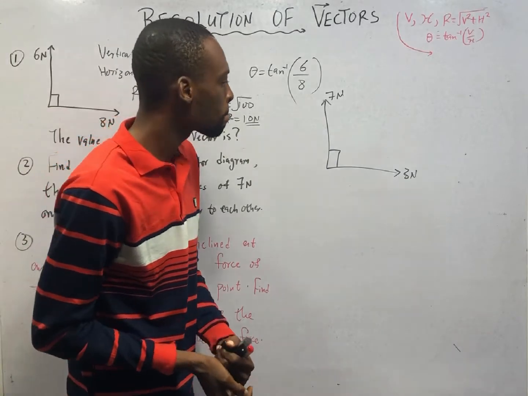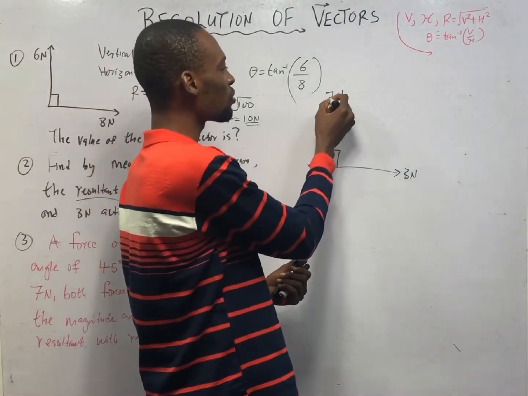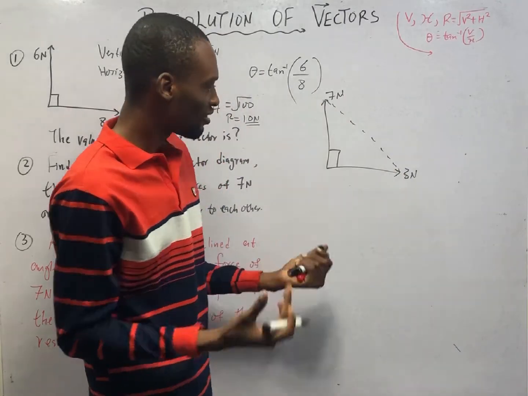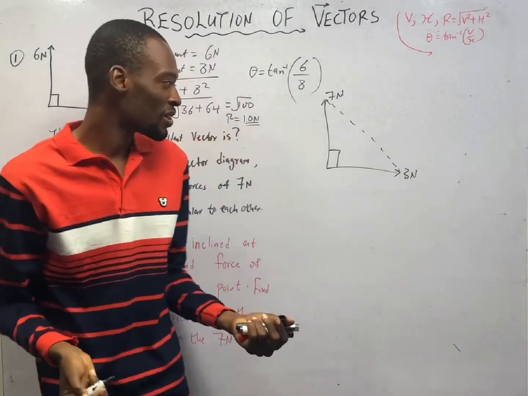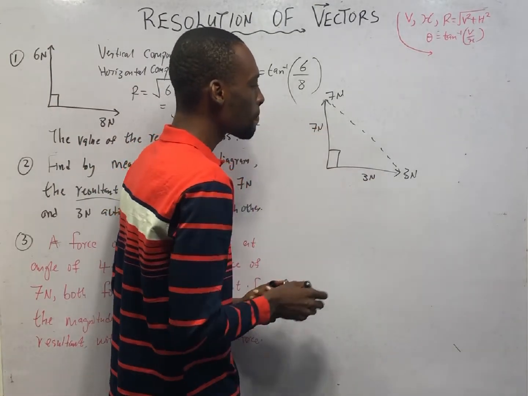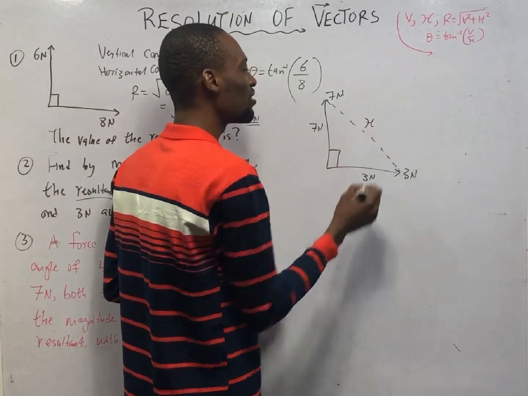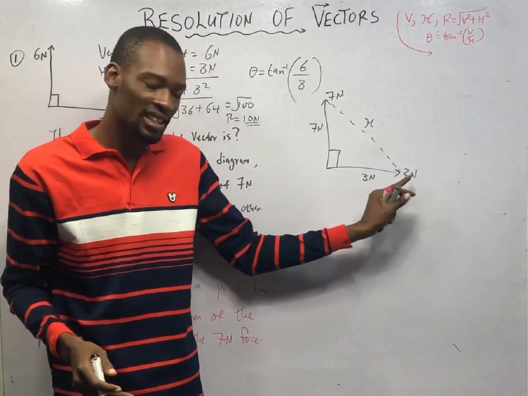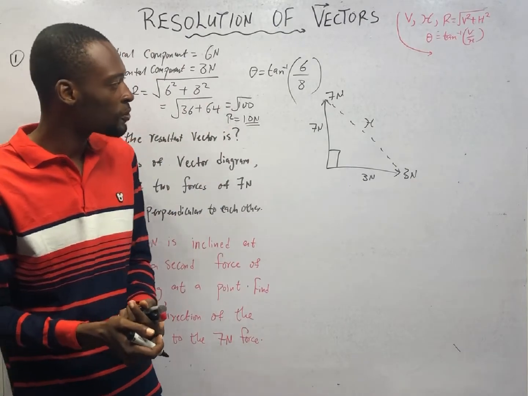As usual, you can turn this to right angle to have something like this. Then you apply your Pythagoras theorem, where here is the 7 Newton, here is the 3 Newton, then here is your hypotenuse, line drawn to meet here and here. That is the hypotenuse.